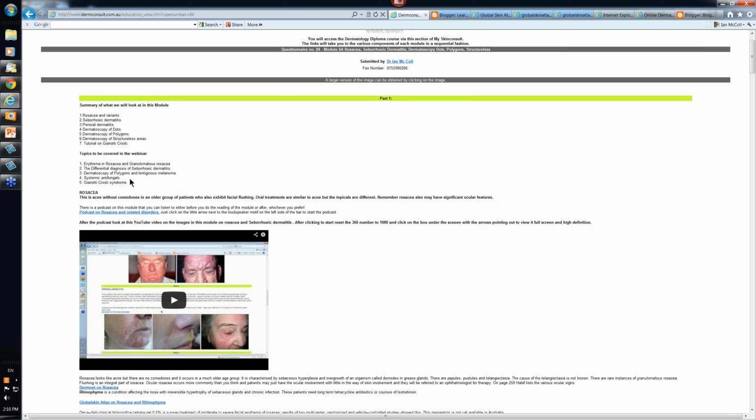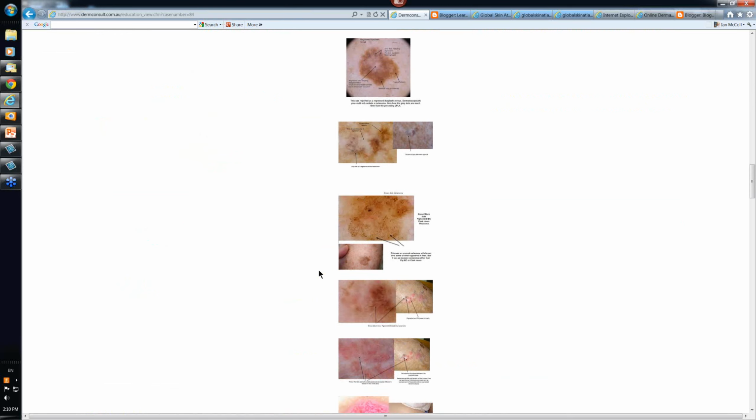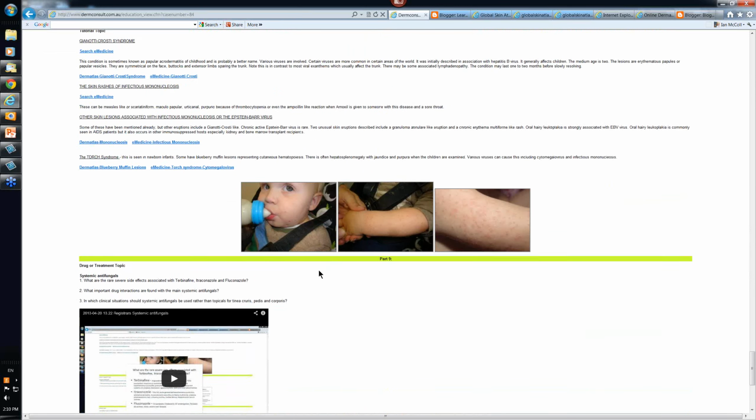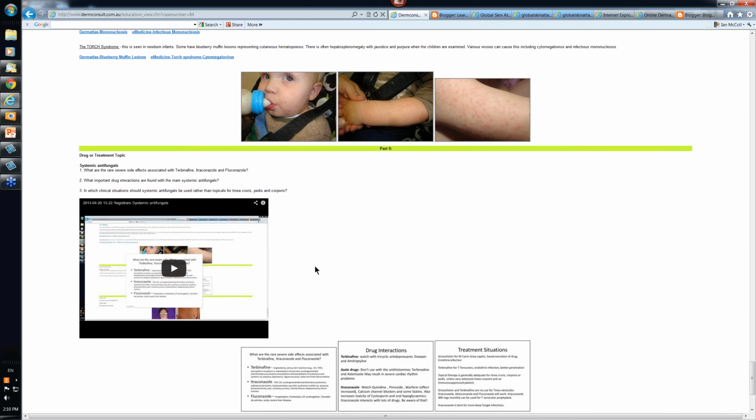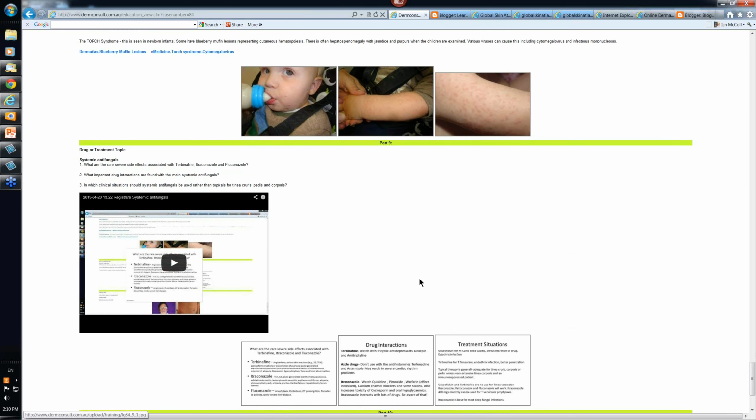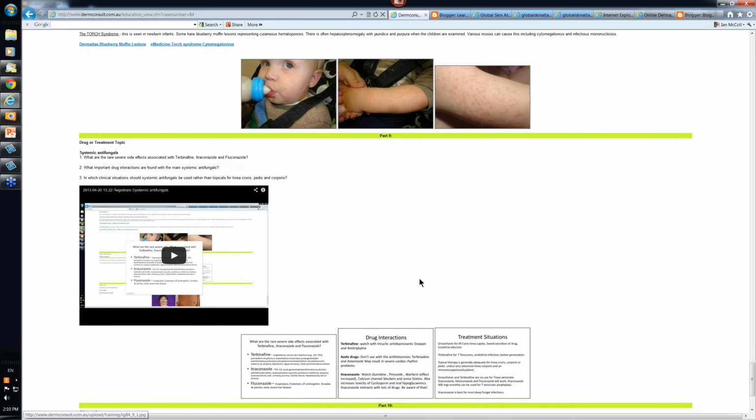I'm mainly going to deal with the dermatoscopy of polygons in the webinar because of their usefulness in diagnosing lentiginous melanoma. We'll also look at the systemic antifungals, and if you look down the module here just now, you'll see that there is a video here on the systemic antifungals and 3 slides here that look at what I consider are the main aspects of these drugs and questions that you might be asked in the pharmacology exam.